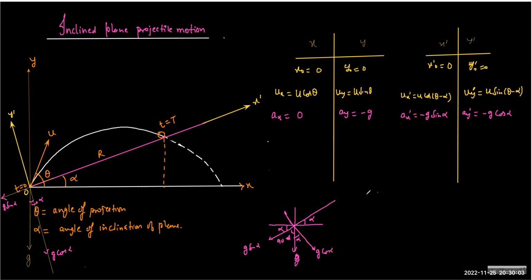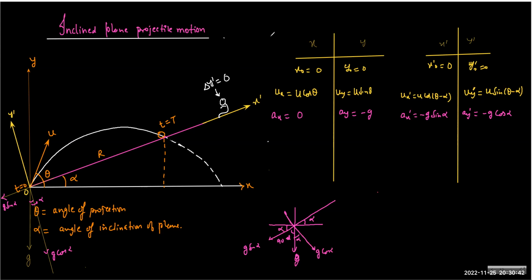If you look from the x dash and y dash reference, this projectile is coming back to the same level, isn't it? For this guy, the object is going up and coming down back to the same level, yes or no? Yes, sir. So for this guy, in the entire journey, the delta y dash is how much? Zero.